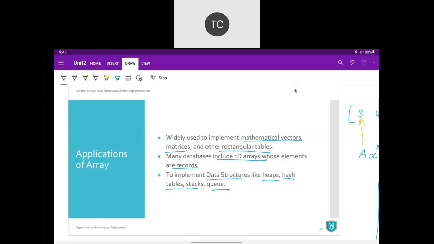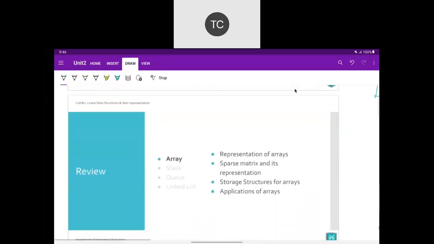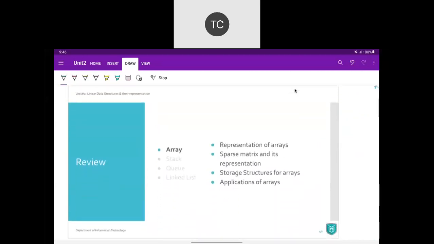It can be done, right? So there are a number of applications you can write and you can have. Now this completes our array part. So that completes the array portion of unit number 2.